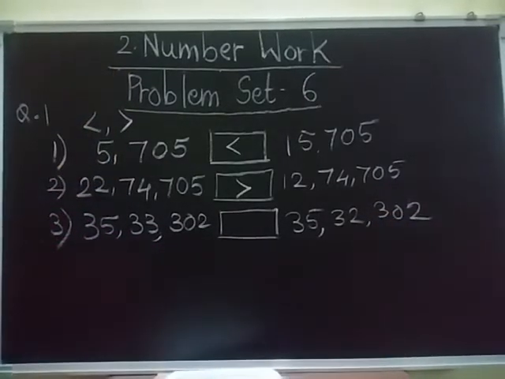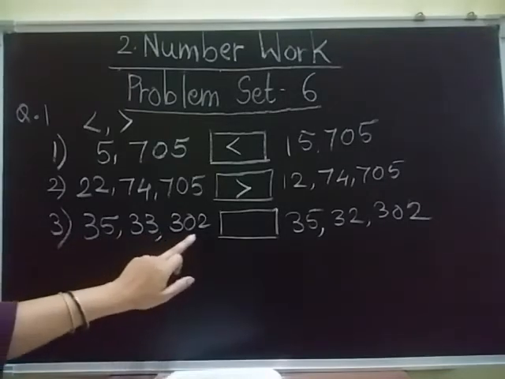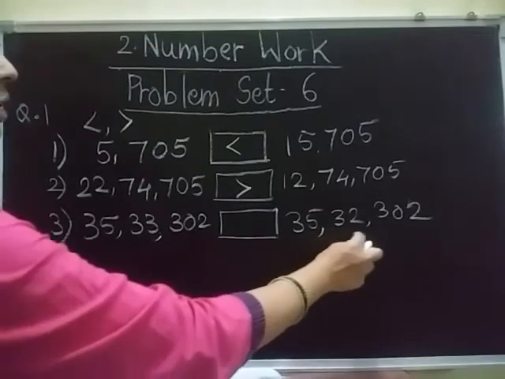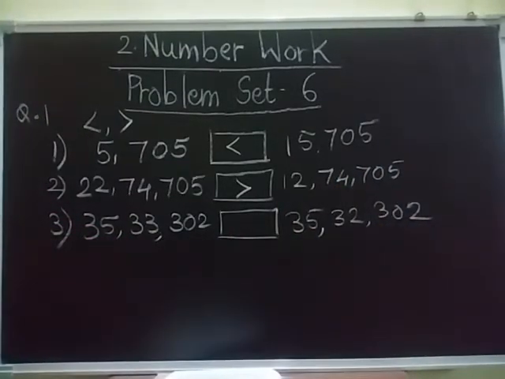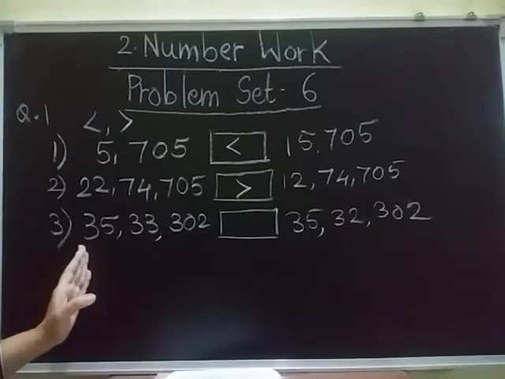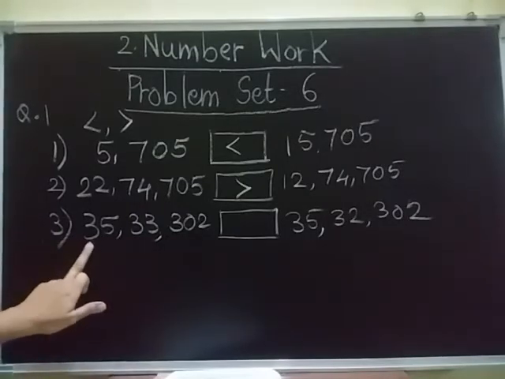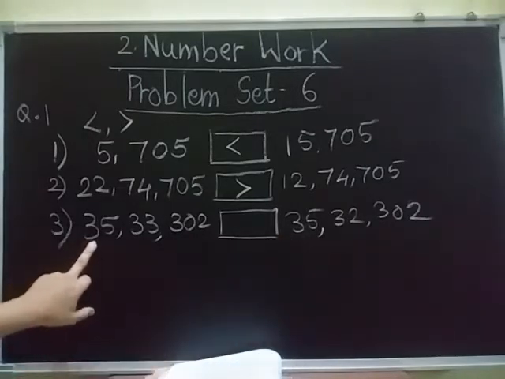So first we should count the digits: 1, 2, 3, 4, 5, 6, 7. 1, 2, 3, 4, 5, 6, 7. So both the sides have same digits. So now what I said, our second step, we have to see the first digit. First digit is 3. Here also first digit is 3.